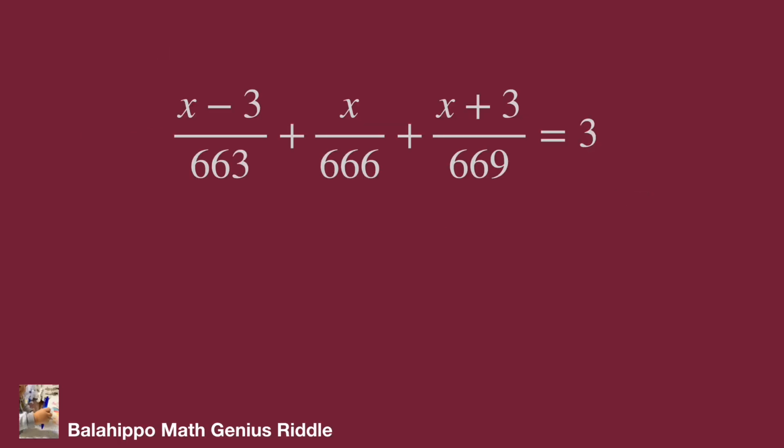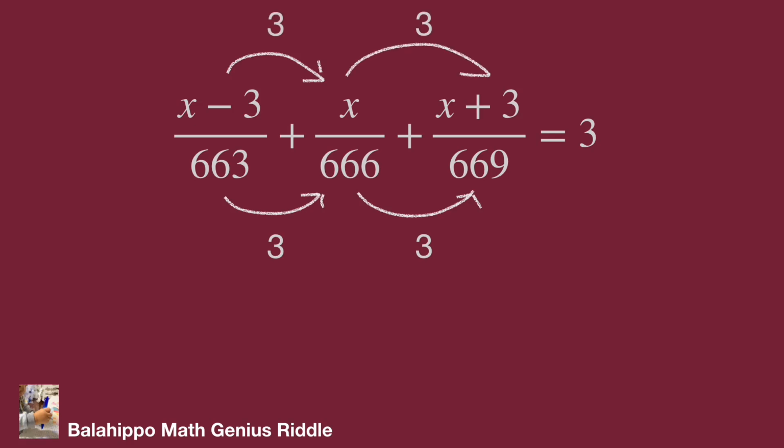I'm going to analyze the given equation. I find that in the denominators, the difference is plus 3, and in the numerators, the difference is also plus 3.